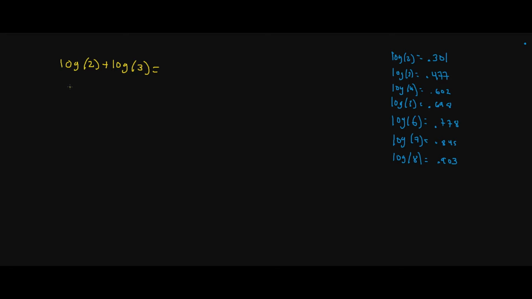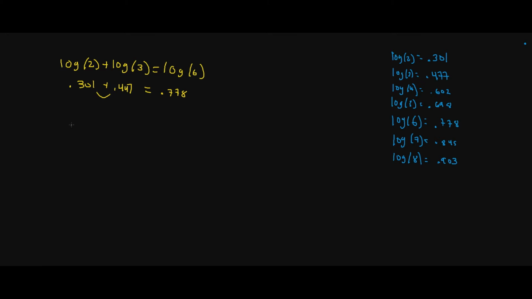So if we just write the decimals, 0.301 plus 0.477, we get 0.778, just adding these using the calculator. If you look at this table here, 0.778 is right there, which happens to be log of 6. So we know this is equal to log of 6.